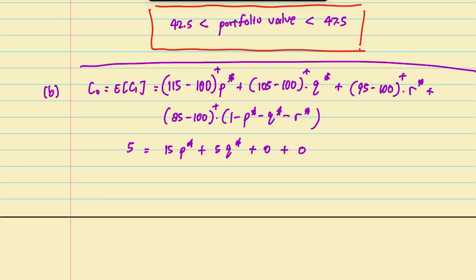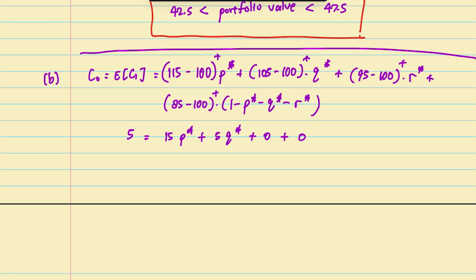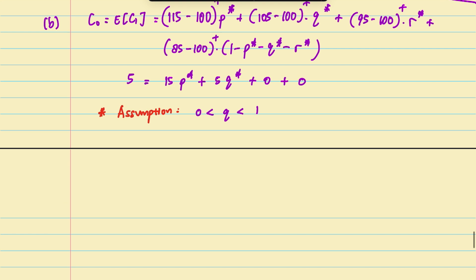As you know, a probability can only range from 0 to 1. So let's assume that Q is always between 0 and 1. When Q equals 0, what is P? 5 equals 15 P star, so P star equals 1/3.